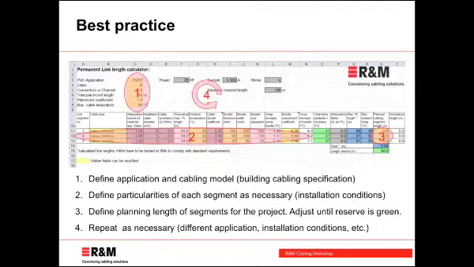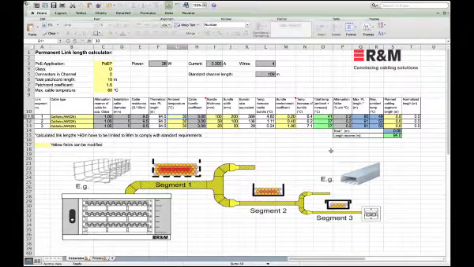With that, I would like to go into a live example of the calculator and show you how you could present the calculator to a customer. If you start up the calculator spreadsheet, you will get a setup of individual fields that would make sense for a certain installation. What we have here is a PoE Plus installation with two connectors per channel, Cat5e shielded installation.